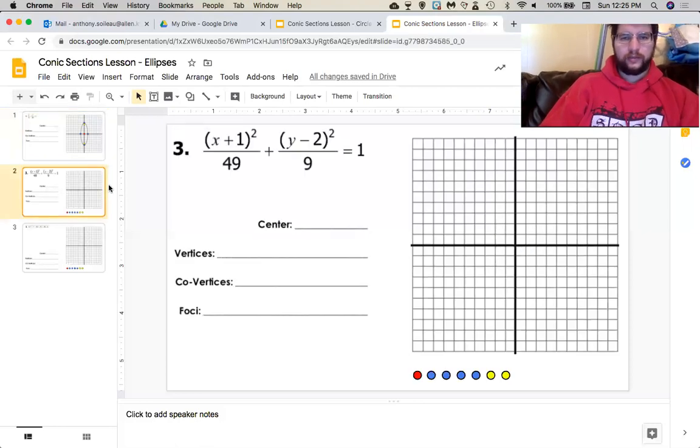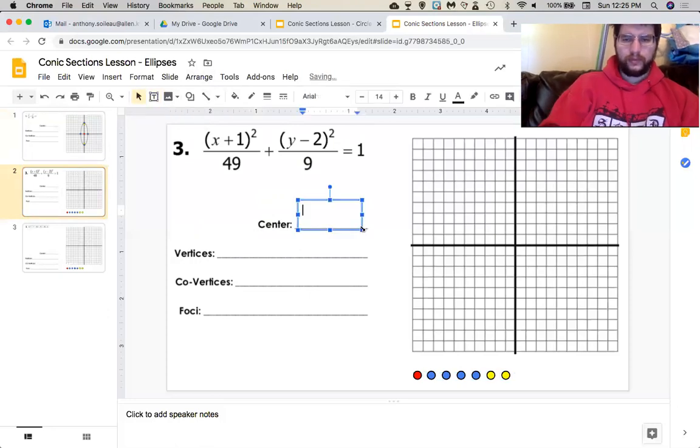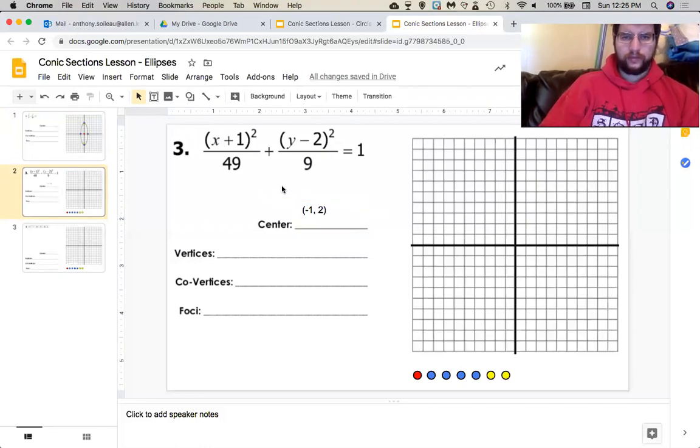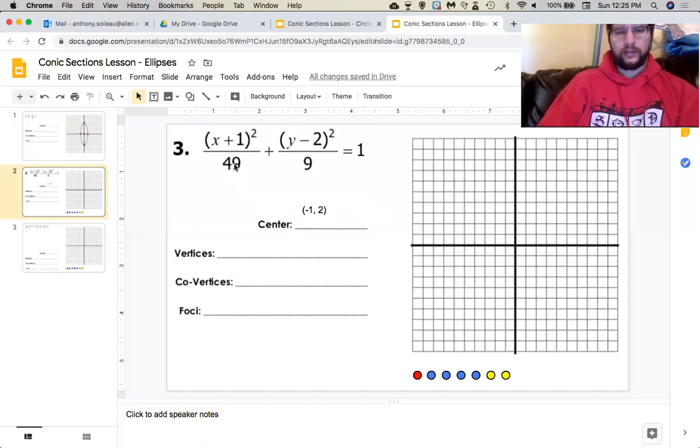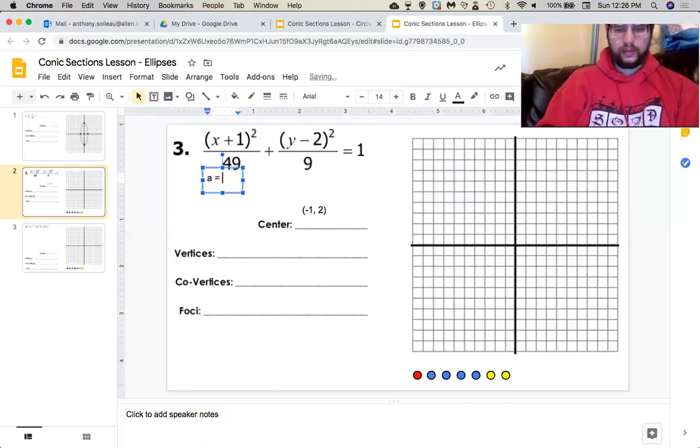So this one, I'm going to do all on here. So my center is -1, 2. Okay. Now, this is going to be a horizontal one, and A is 7. Oops, I've got to hit the text box. So A is 7.